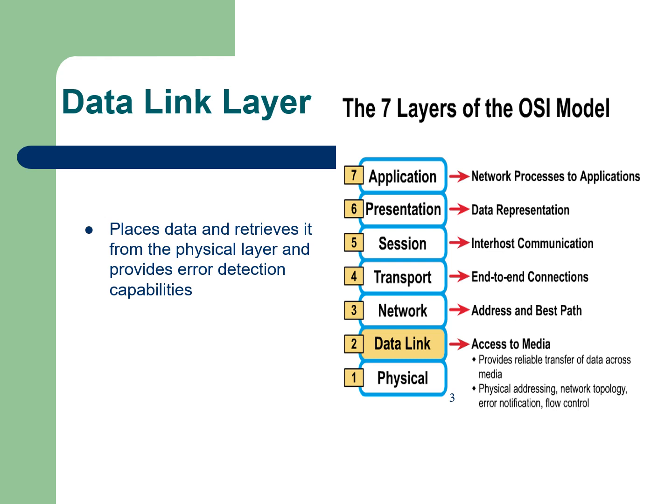Error control adds reliability to the physical layer by adding mechanisms to detect and retransmit damaged or lost frames. Access control: when multiple devices are connected to the same link, the data link layer determines which device has control over the link.